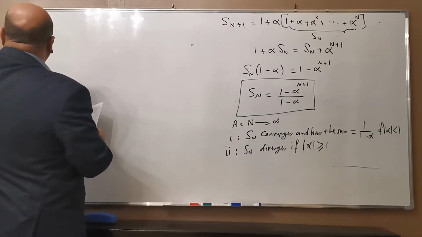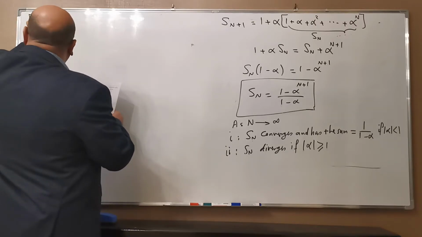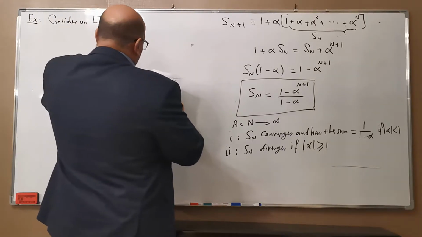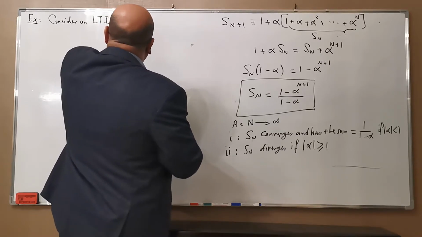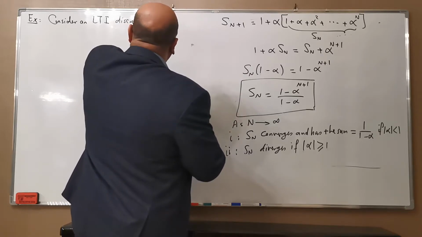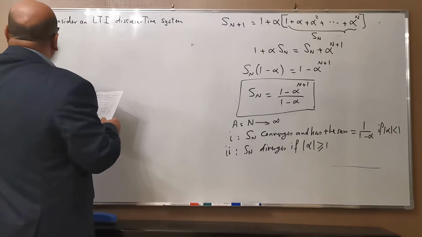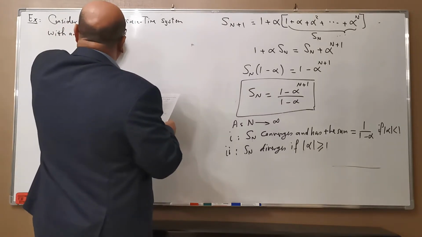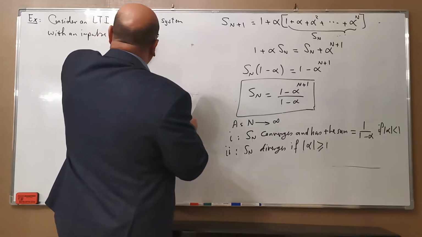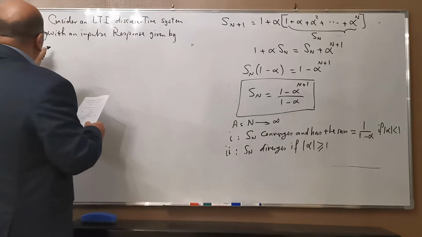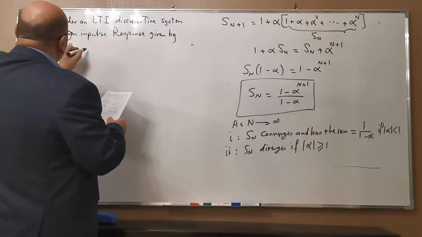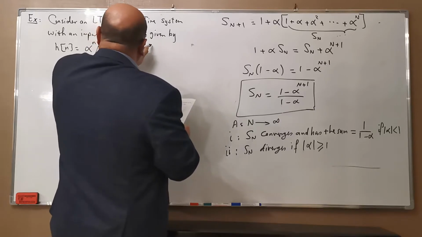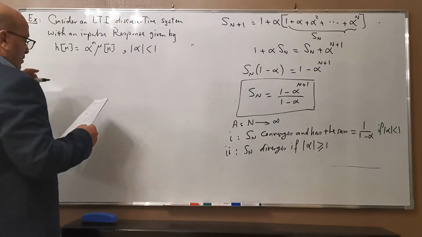We'll take an example here. Consider an LTI discrete time system with an impulse response given by h of n equals alpha to the n mu of n, and the magnitude of alpha is less than 1.